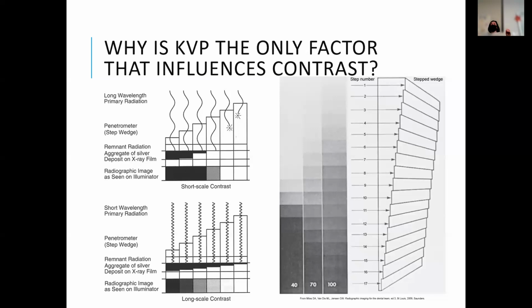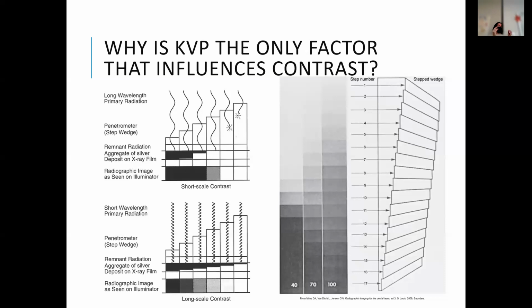So if you use low KVP, the X-ray waves will penetrate things like your airspace and your periodontal ligaments and anything that's not dense, and it'll show up black.